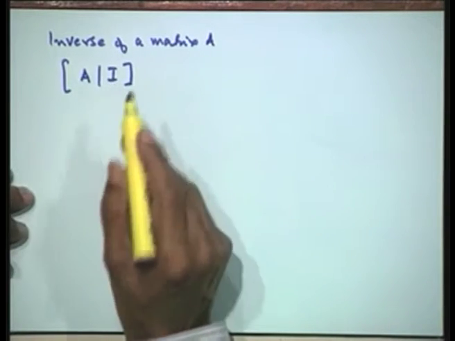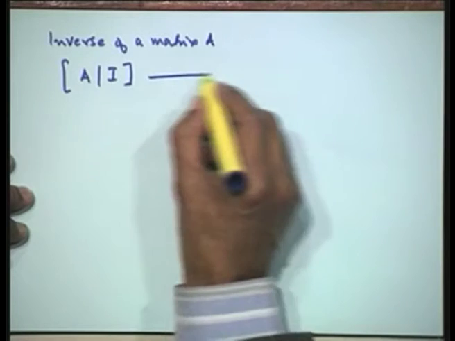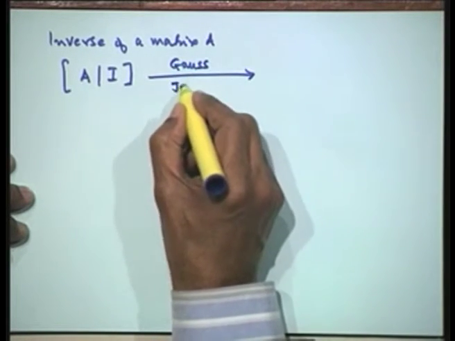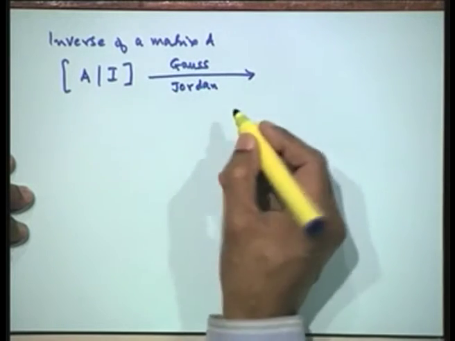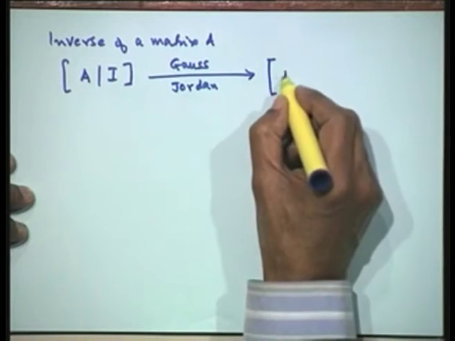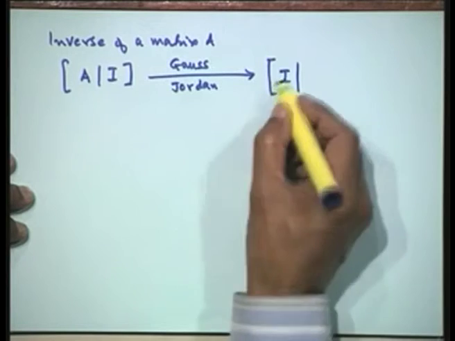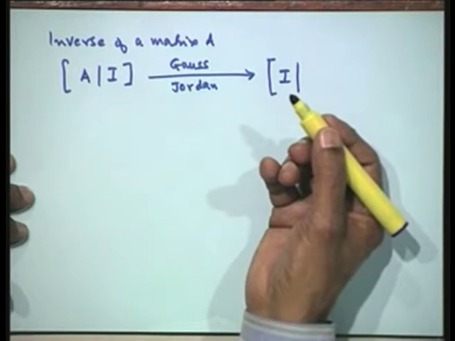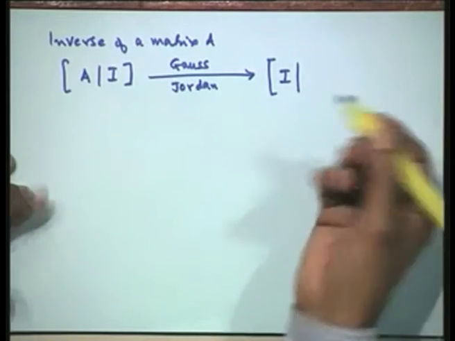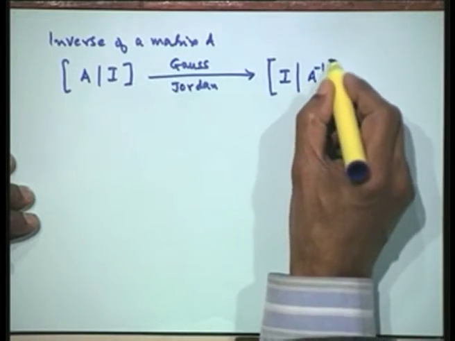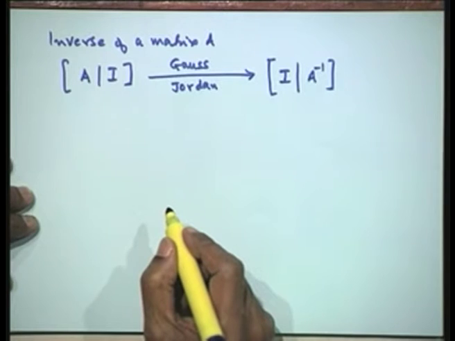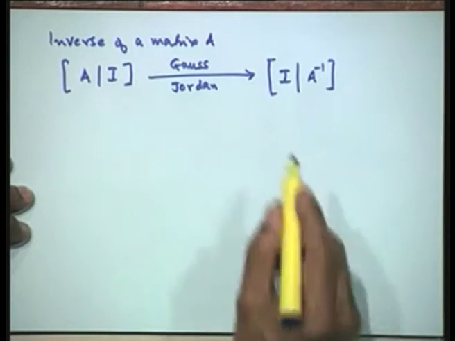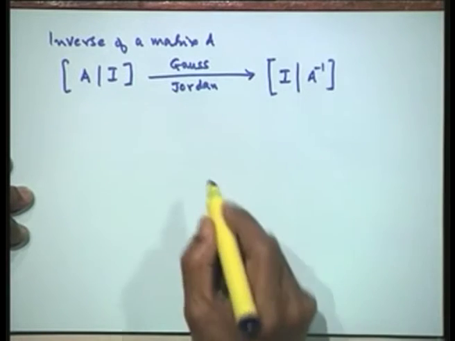So, this will be augmented matrix A and I. We will perform the Gauss Jordan procedure, then A is reduced to I, and hence I must be reduced to A inverse, because A inverse is equal to I, therefore, this gives me A inverse. Therefore, this Gauss Jordan procedure would give me the inverse of a matrix.